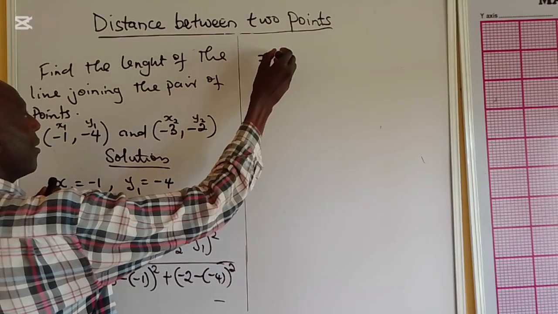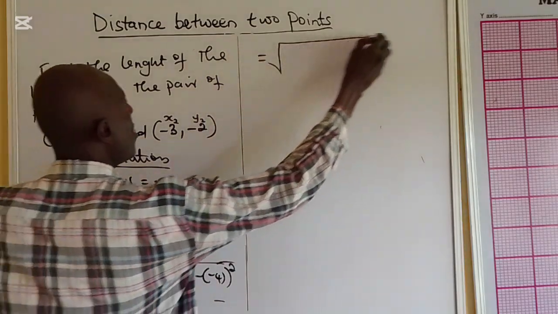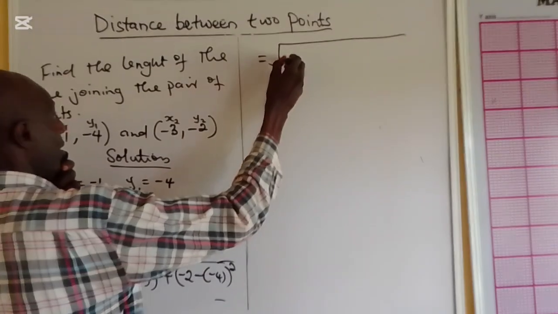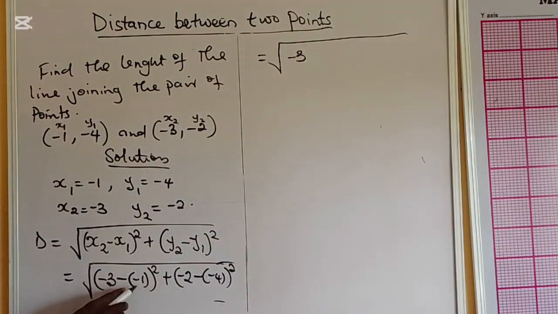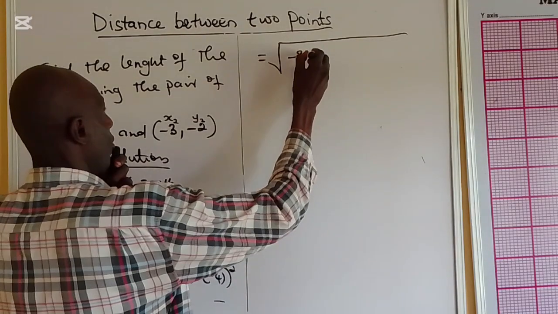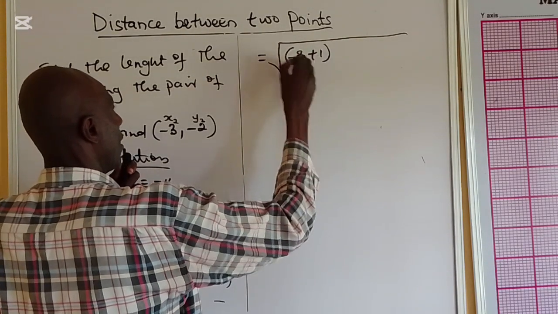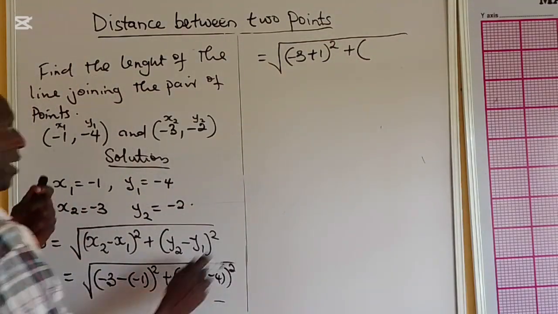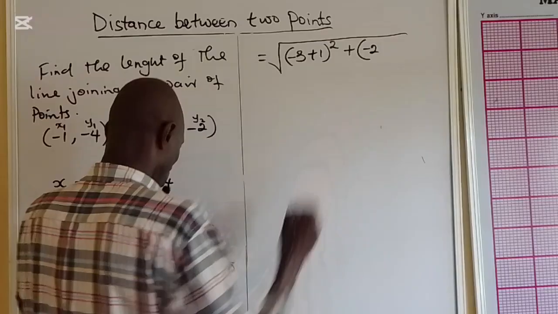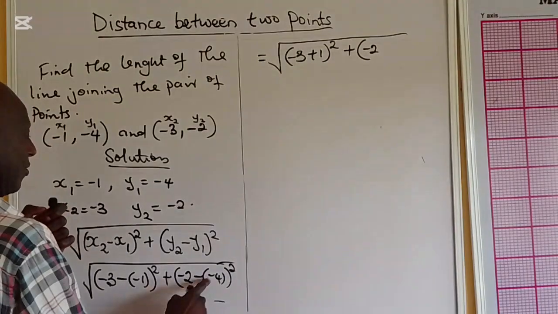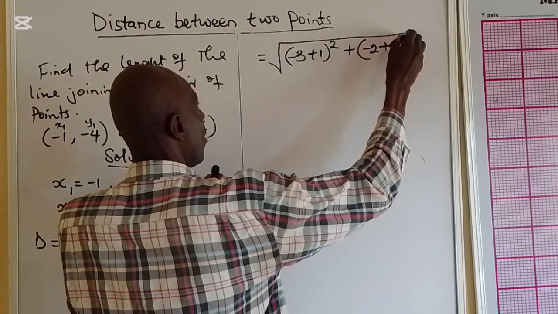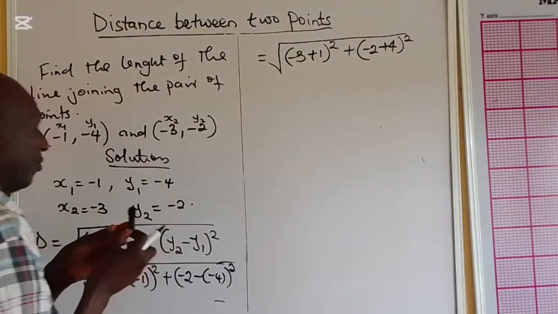When we come here, minus 3, now minus times minus 1 is plus 1, all squared, plus minus 2, minus times minus 4 is plus 4, all squared.